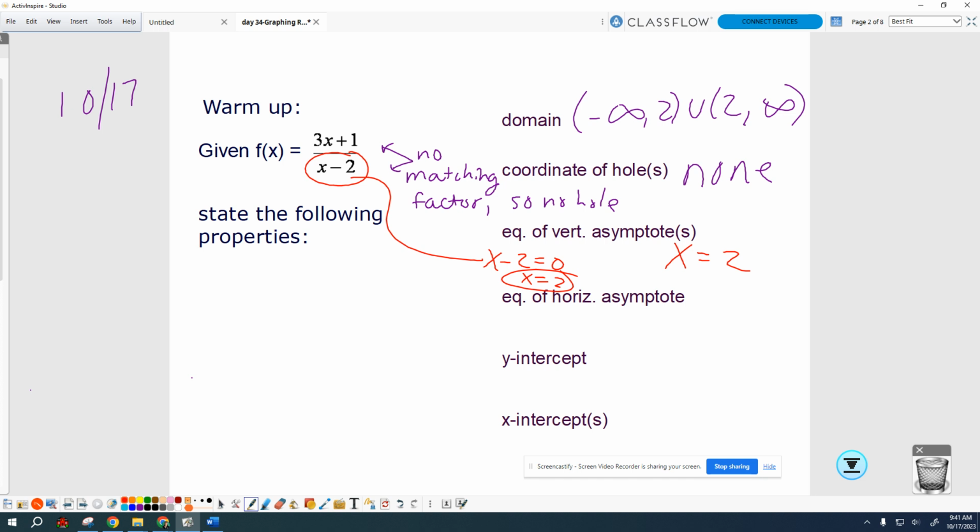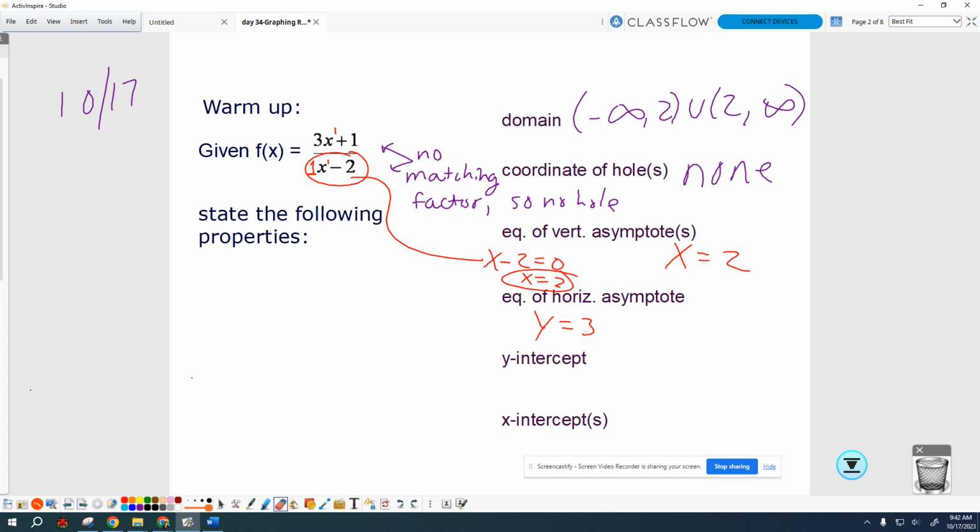I think it's y equals 3, because the x's have the same degree, so we take the coefficients, 3 over 1. Okay, top heavy, bottom heavy, equal. The highest exponent anywhere is x to the first, so Will is right. Take the coefficients in front of them. There's no number written in front of the one at the bottom, but it's implied to be a 1. So it's y equals 3. If you just wrote 3 or you just wrote 0, that's not right.